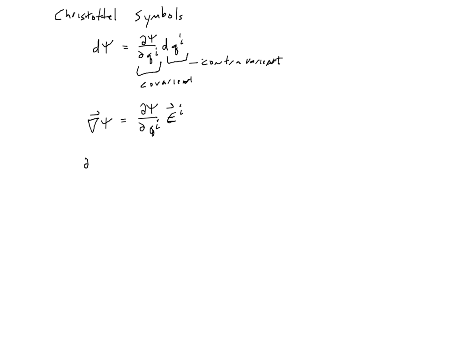And so the divergence, I'm sorry, I'm getting ahead of myself again. So when you take the derivative of a vector, this is like saying partial with respect to q j of v prime k.